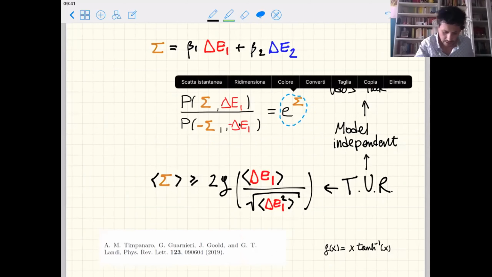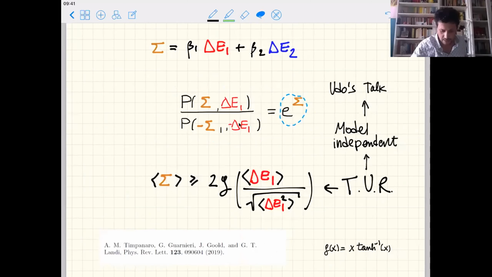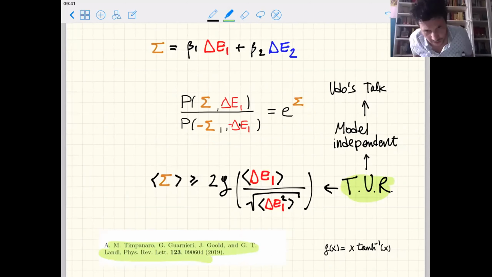And for any joint probability that has this property, as has been shown by Timpanaro, Guarnieri, Goold, and Landi recently, the thermodynamic uncertainty relation holds in this form. Okay, in the paper they wrote it in a slightly different manner, but here I write it in this form.